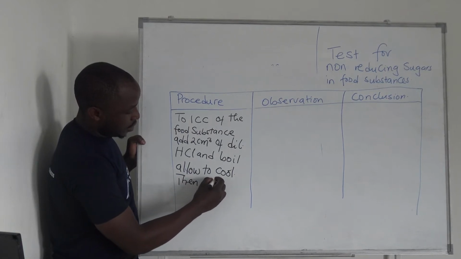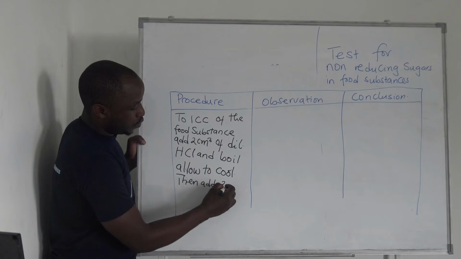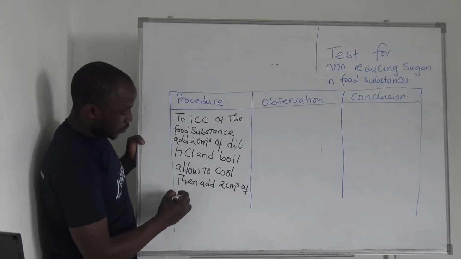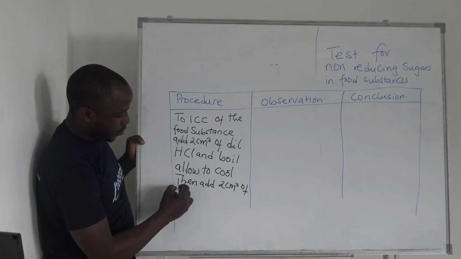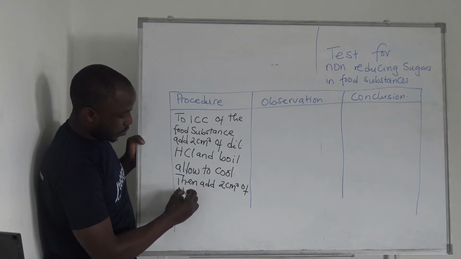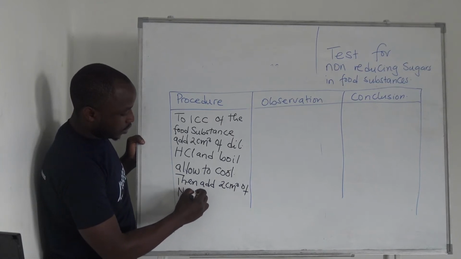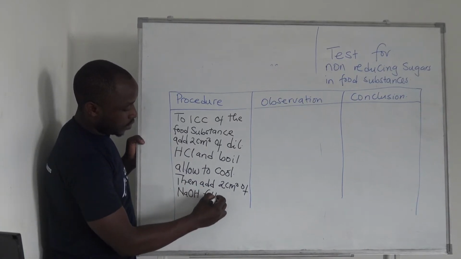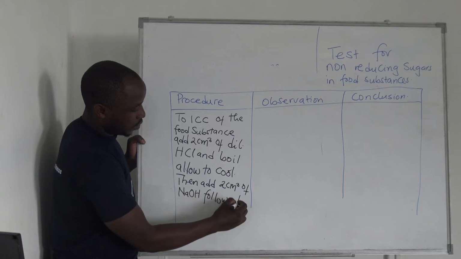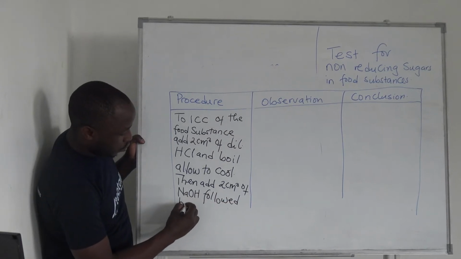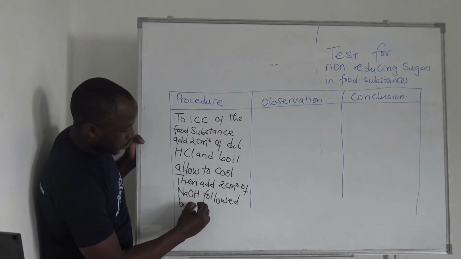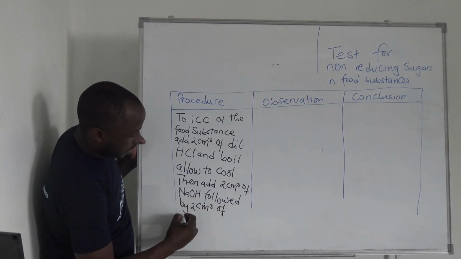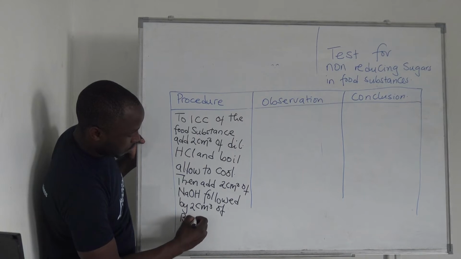Allow to cool. Then add 2 cubic centimeters of sodium hydroxide, followed by 2 cubic centimeters of Benedict's solution.